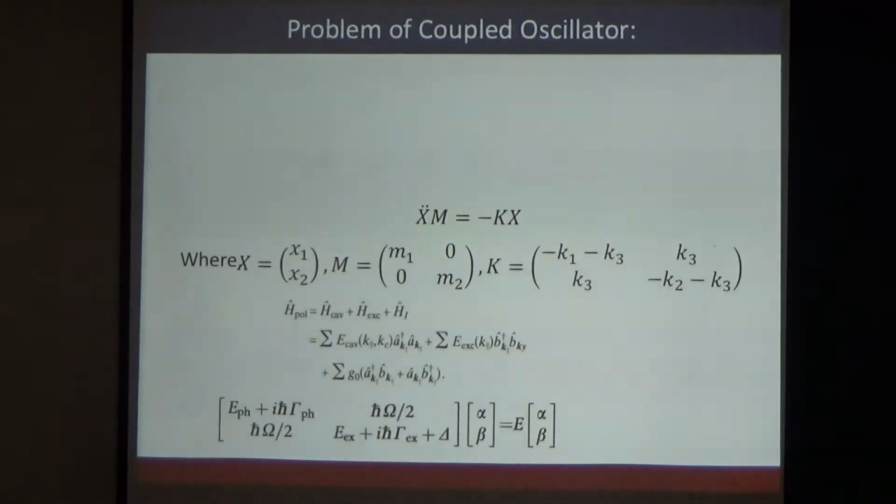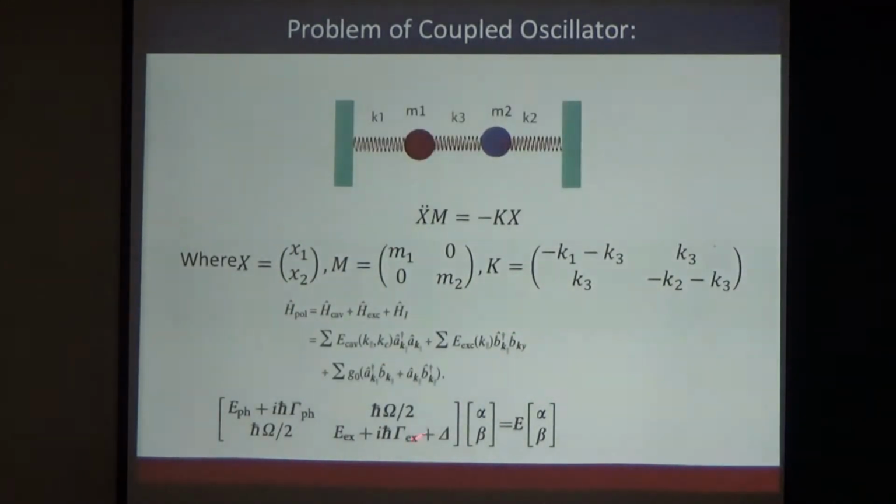So for the same problem, we now think about this exciton inside a cavity, and we describe it in terms of a Hamiltonian, where we have the cavity photon. Another thing that I forgot to mention is that we are talking about the cavity photon in the plane of the cavity, so this is k parallel.